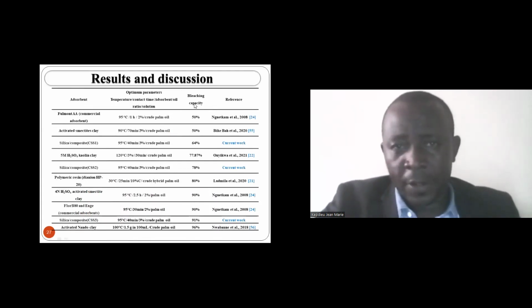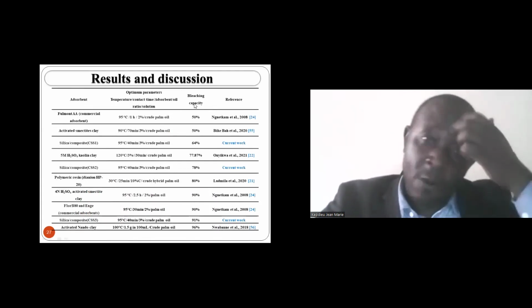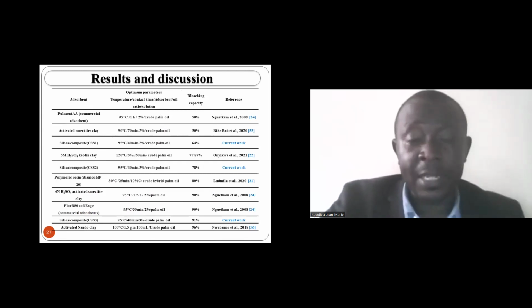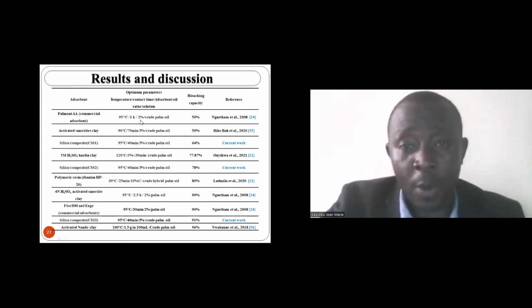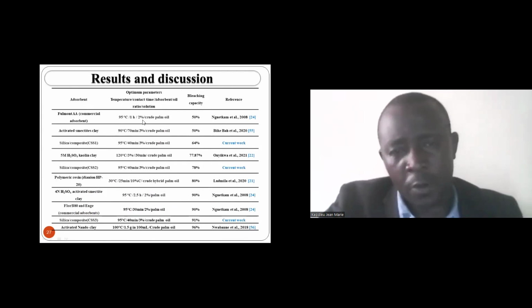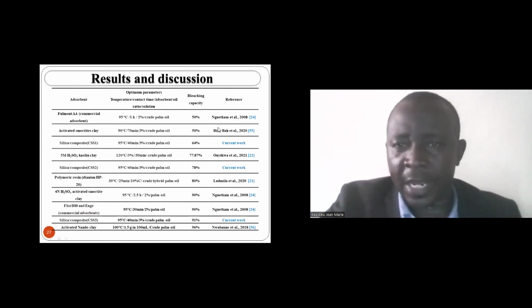We have compared the bleaching capacity of our adsorbents with some commercial adsorbents found in the literature, and some references have been given here.